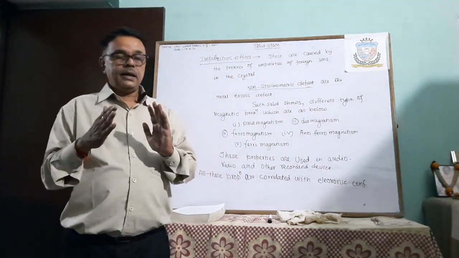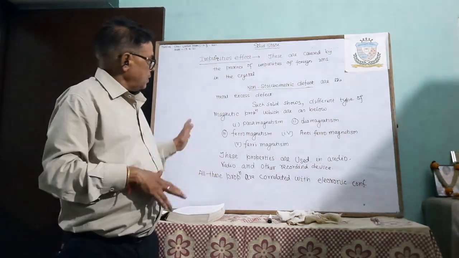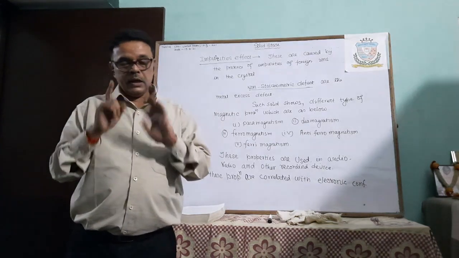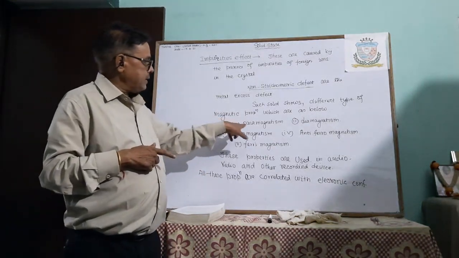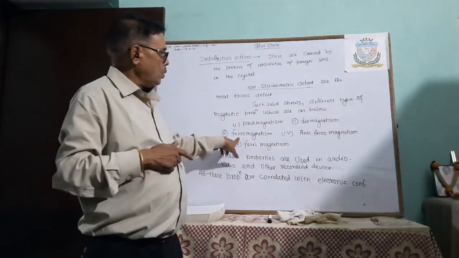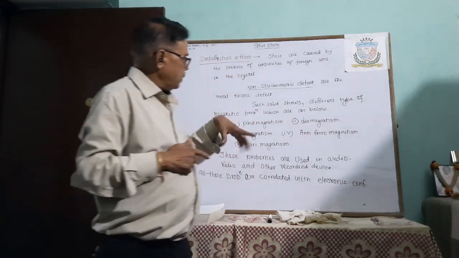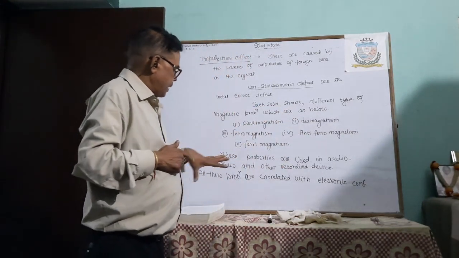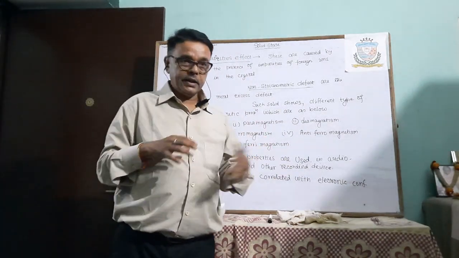The magnetic field is caused only by the electrons, hence all these properties, paramagnetism, diamagnetism, ferromagnetism, ferrimagnetism, antiferromagnetism, all these five types of properties are related to the electronic configuration.